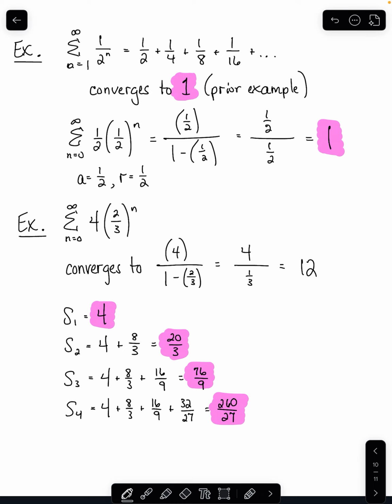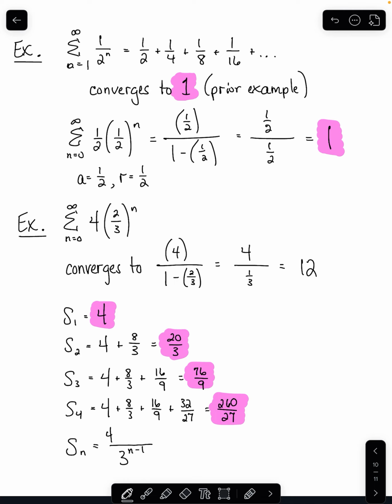Through some careful pattern recognition, we can realize that first, the denominator always seems to be a power of 3. Specifically, a power of 3 that is 1 less than the number of terms that we're using. The numerator is less obvious.